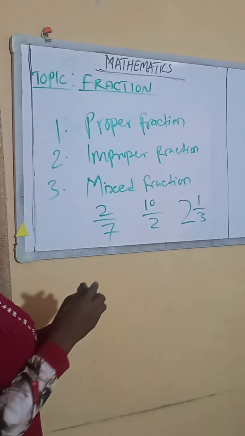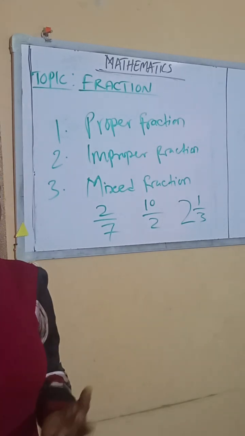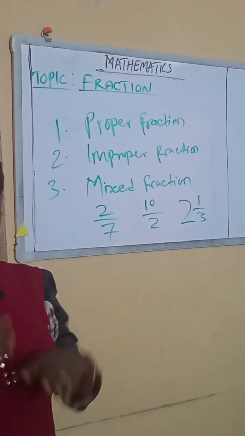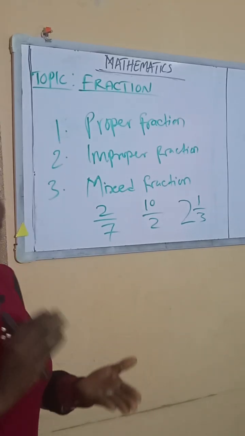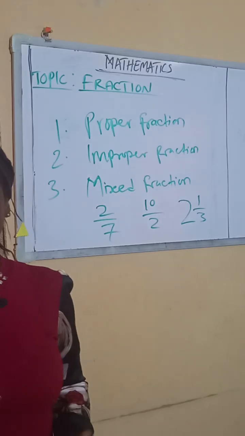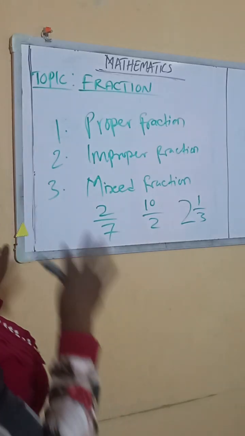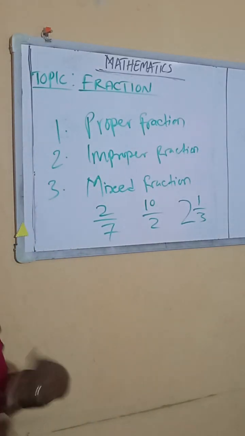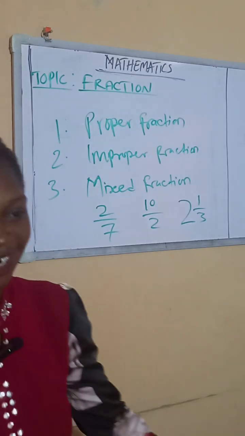So a mixed fraction is always a whole number and a proper fraction. Like I said, not an improper fraction, but a proper fraction. When you see a whole number and a proper fraction, you should know it's a mixed fraction. So now, with this few explanation of mine, I think you should begin to develop interest in loving fraction.